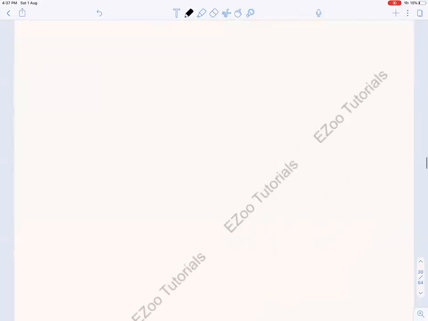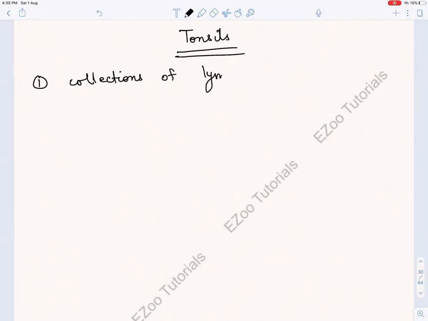So now let us do something about tonsils. What are tonsils? Whenever we are doing pharynx, we should do tonsils. There are a few points to remember in tonsils. These are collections of lymphatic tissue within the pharynx.